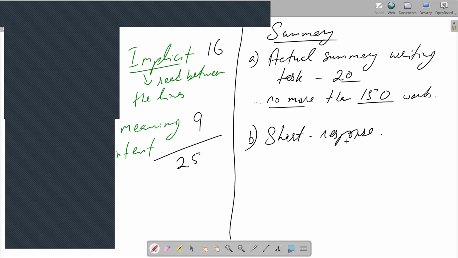Not exactly a story. And so for the short response, they'll present a scenario to you. You might be the person who is mentioned in the text for the summary, text B, and they'll say, well, people claim, or people believe, or what do you have to say about so and so? What you need to do is find evidence, which means points, from the text and give an answer.